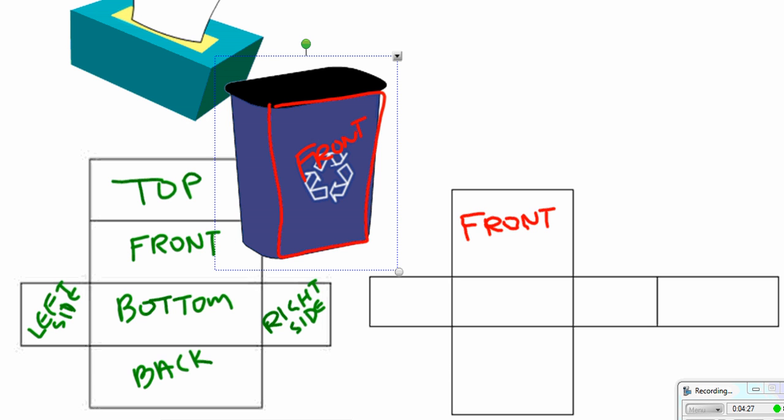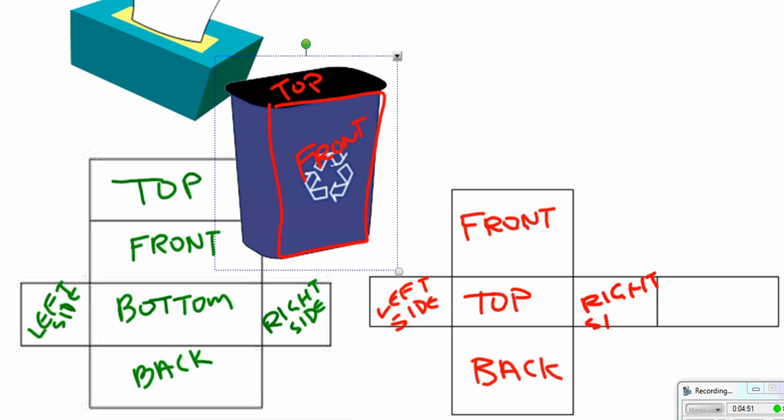Okay, and then we've got the top, and that's the slimmer side, so this is the top. And this would be the back. And then we have the left side, the right side, and the bottom.